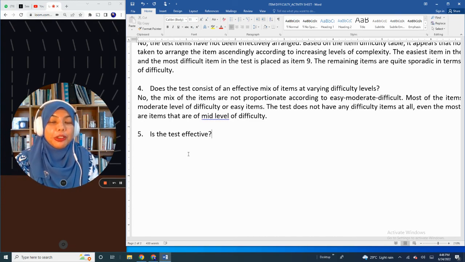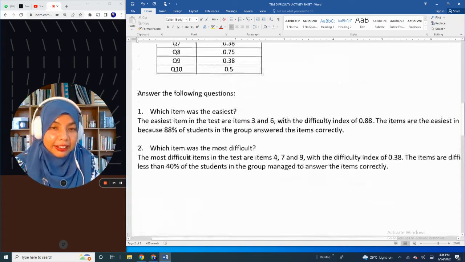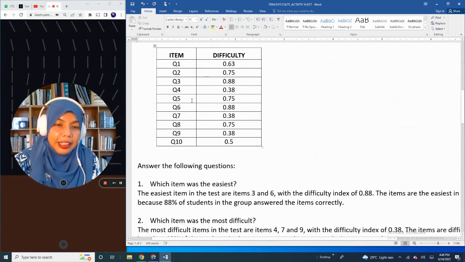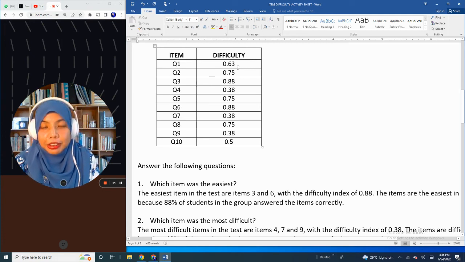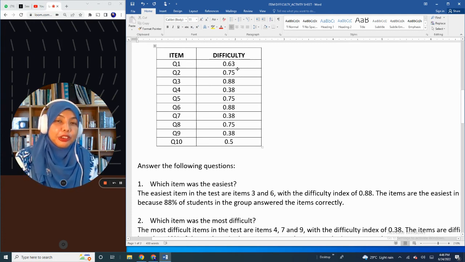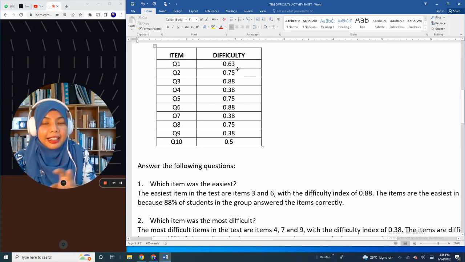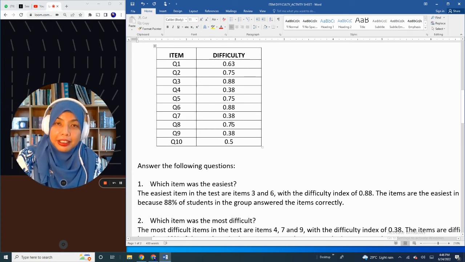With regard to this test, it is not that all of the items are clustered along easy items or difficult items. So the test is not too easy for the students, neither is it too difficult. It's just that it's lacking difficult items.